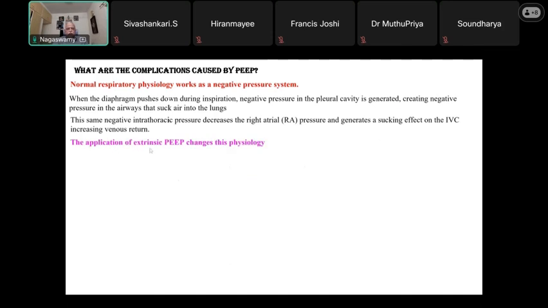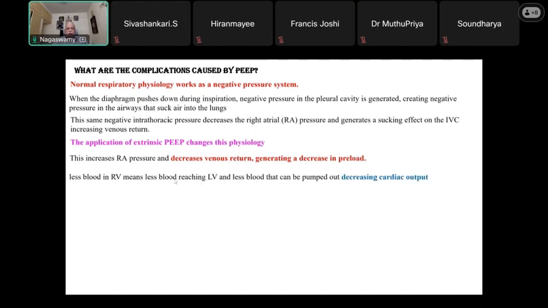So by application of extrinsic PEEP, what do we do? We completely alter this normal physiology of negative pressure inside the thorax. We completely convert it into a positive pressure all the time. So this will definitely increase the RA pressure, which will decrease the venous return, decreasing the preload.